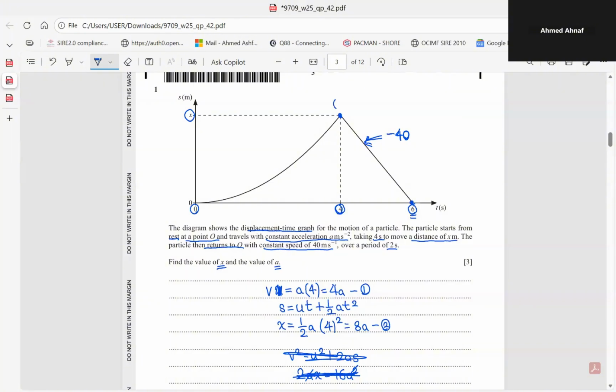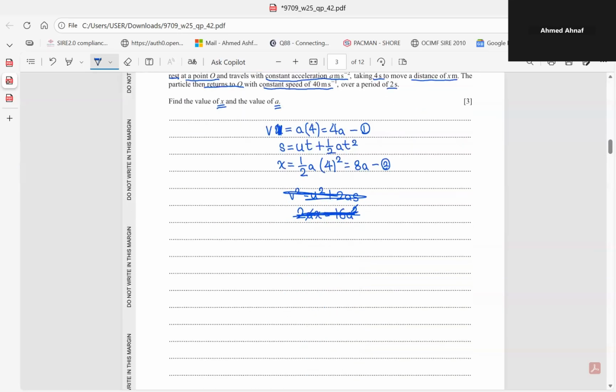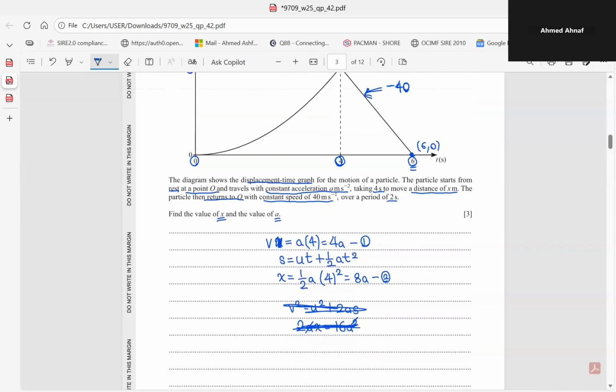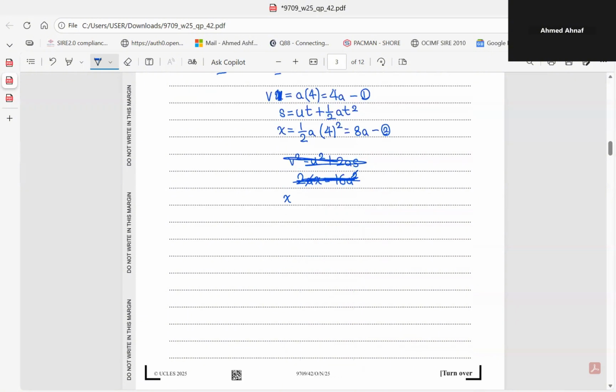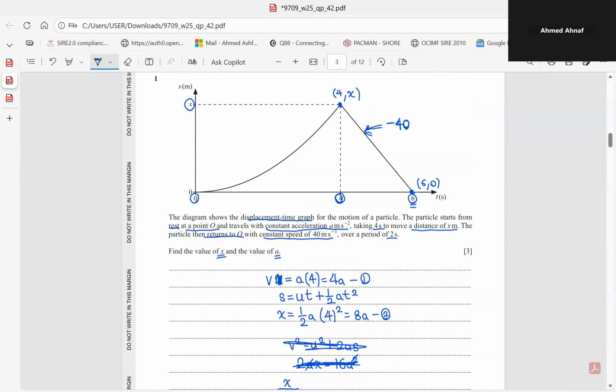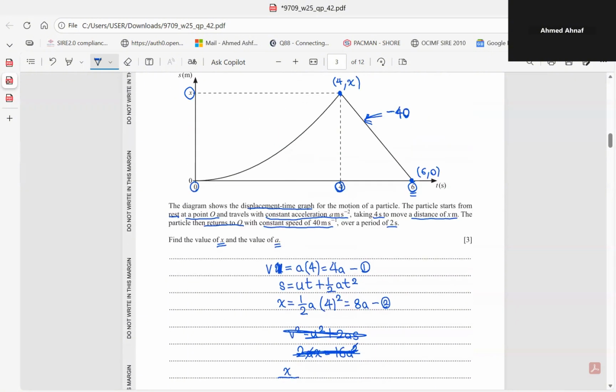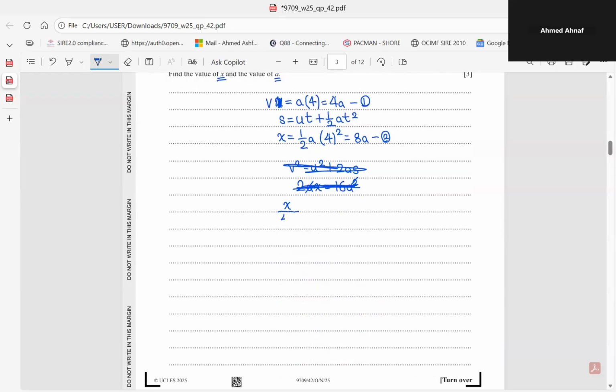For this point, the x coordinate is 4 and the y coordinate is the displacement x, and for this point it is 6 and 0. So let's substitute into the gradient formula: x minus 0 over 4 minus 6 equals -40.